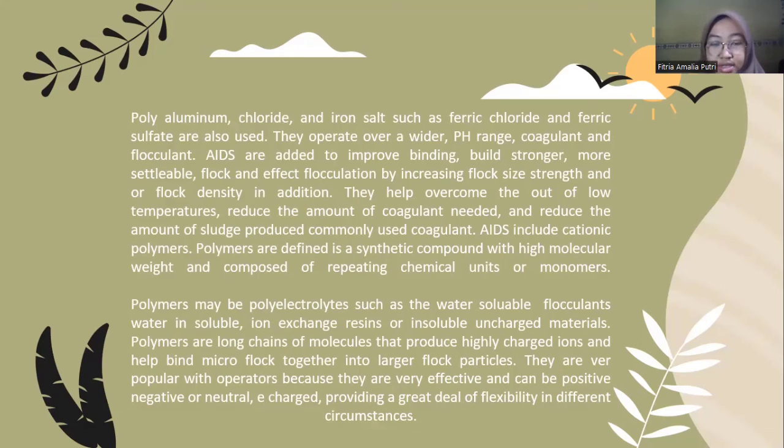In addition, they help overcome the effects of low temperature, reduce the amount of coagulant needed, and reduce the amount of sludge produced. Commonly used coagulant aids include cationic polymers.